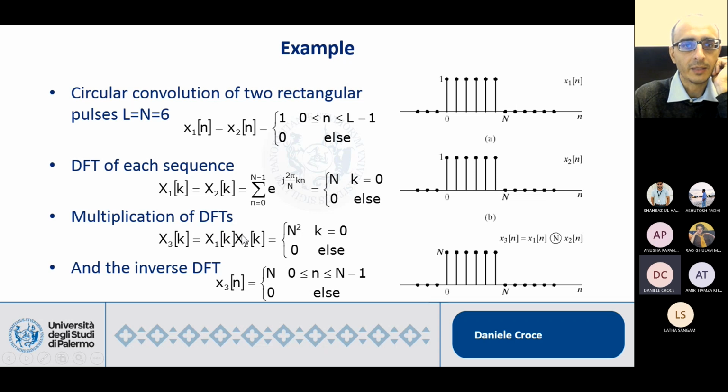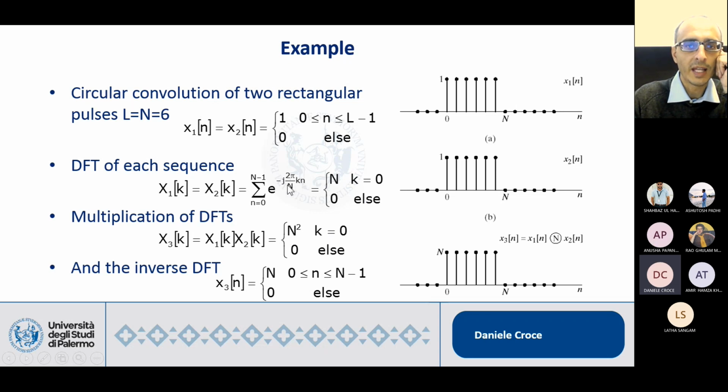Now, if we multiply the two DFTs, what we obtain is N squared if k is equal to 0 or 0 otherwise. So the inverse DFT of the multiplication will be 1 over N of what we have seen here, but with the plus, times N squared if k is equal to 0 or 0 otherwise.